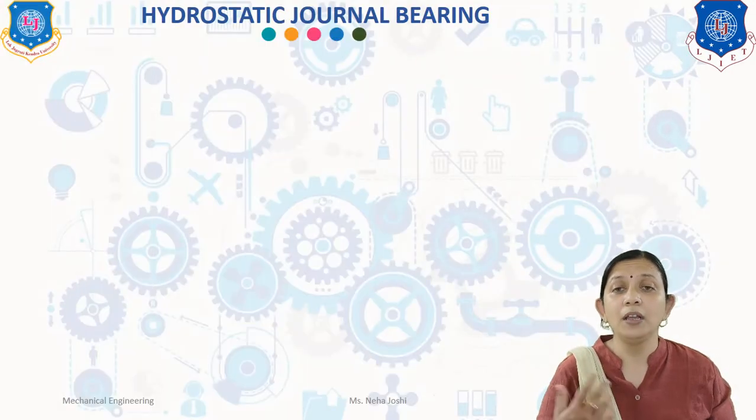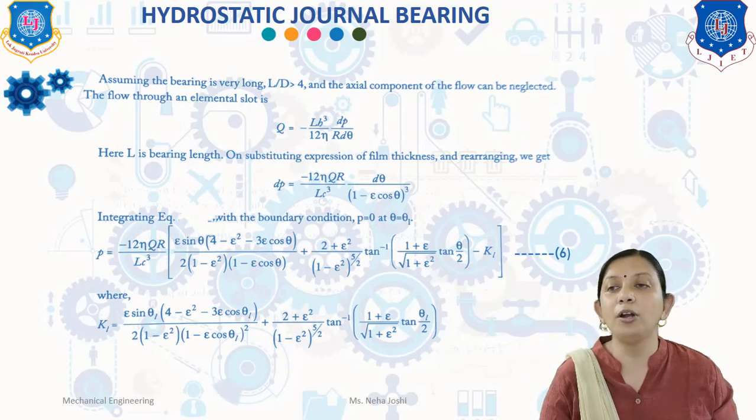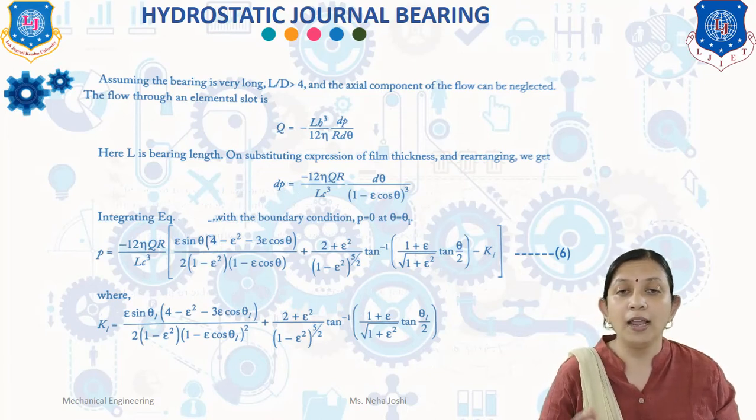Now assuming the bearing is very long, so L/D is greater than 4, the axial component of the flow can be neglected. The flow through an element slot is Q = -L h³/(12η) dp/(R dθ), where L is the bearing length.